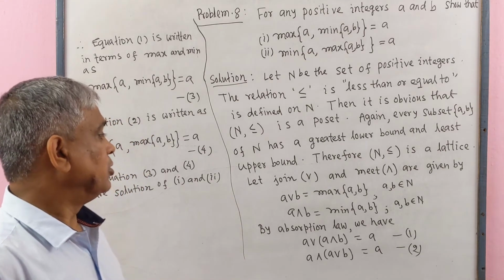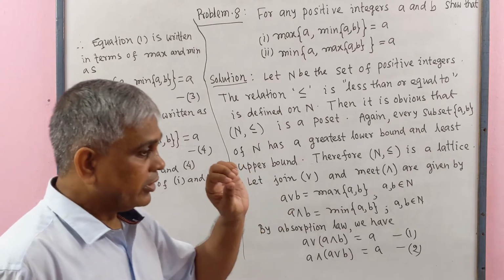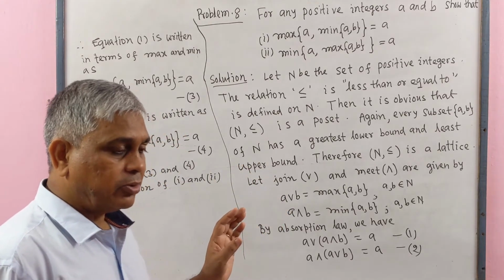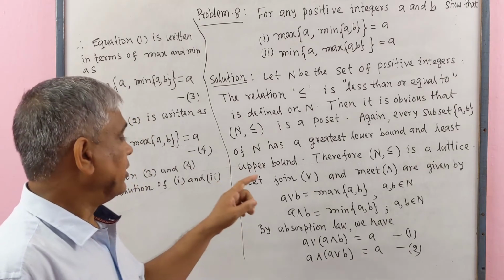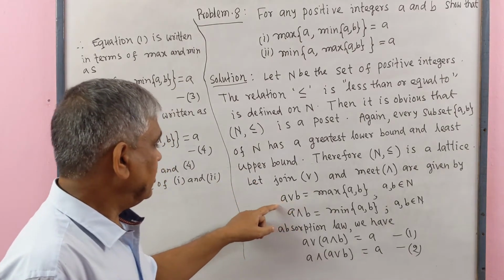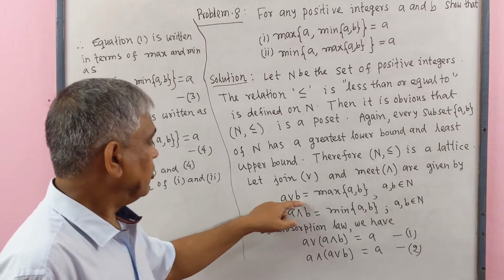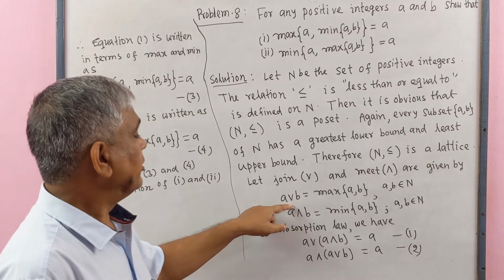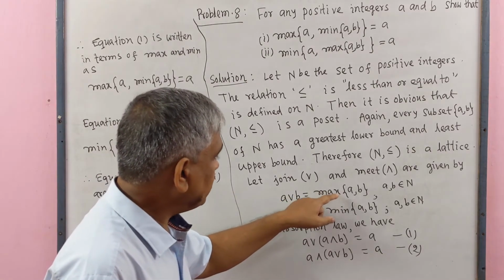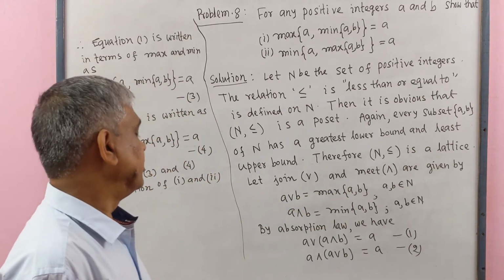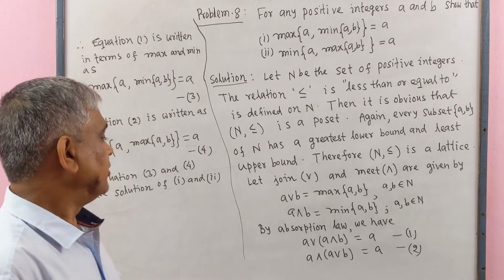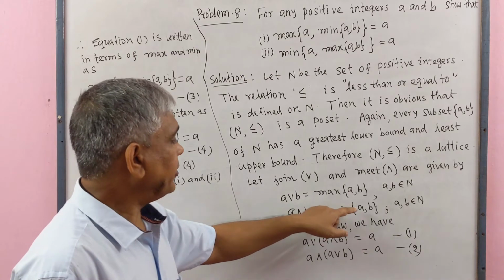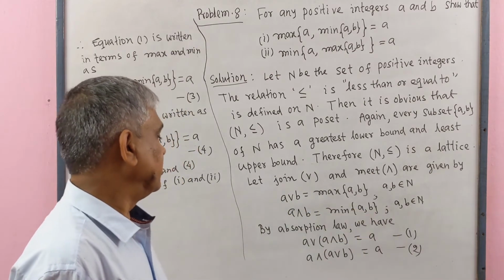So if the relation is less than or equal to, then the least upper bound of A and B will be the maximum of A and B. Similarly, the greatest lower bound will be the minimum of A and B.